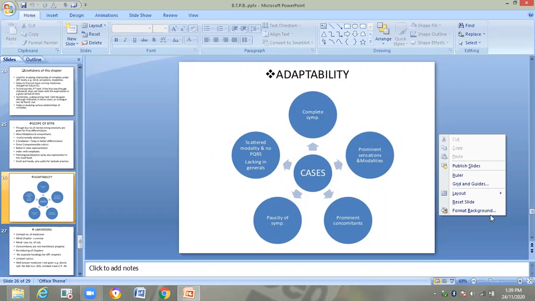There is no aggravation as well as amelioration. The condition of the patient remains as it is, means the cases having paucity of symptoms, then the cases with scattered modalities and no PQRS symptom, or we find fewer general symptoms in the case.